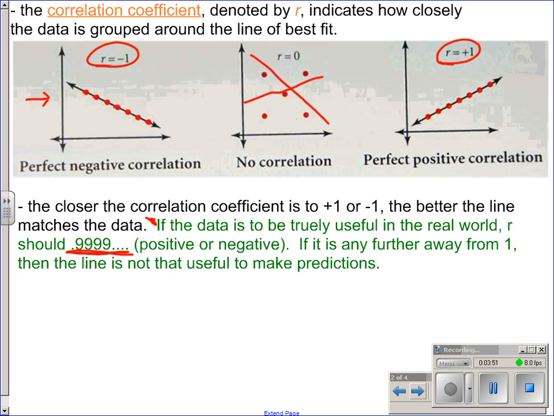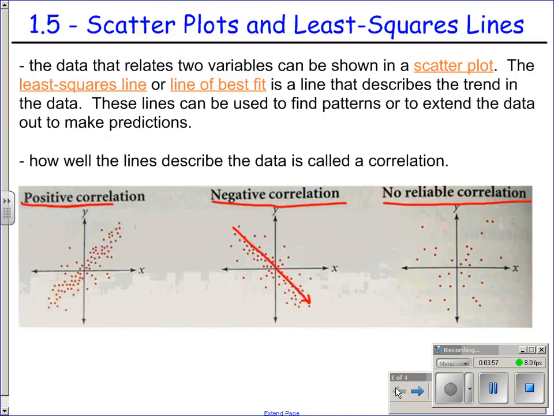And that's kind of the thing that we're going to be doing. These lines of best fit, they make trends. Let me go back a page. Looking here at the positive correlation graph. If we were to draw in this line of best fit, which is just a line that tries to match the data as best as possible, what we're trying to do is make predictions.